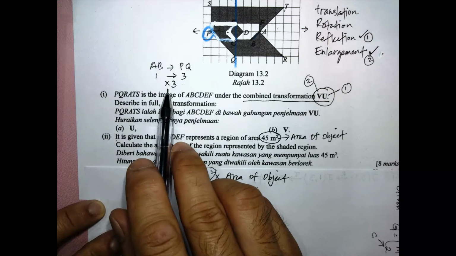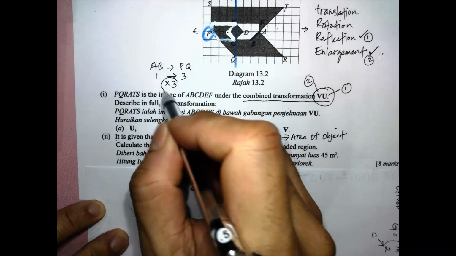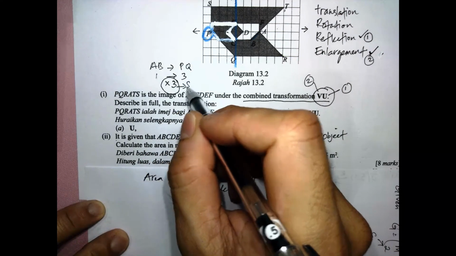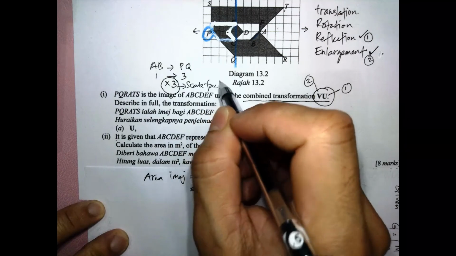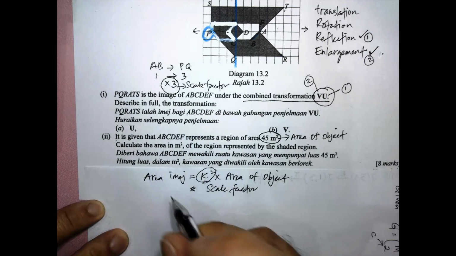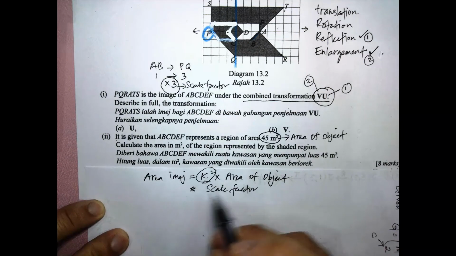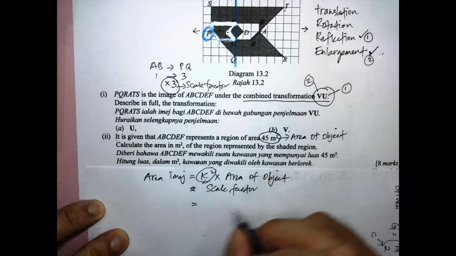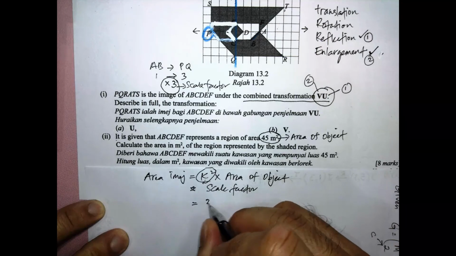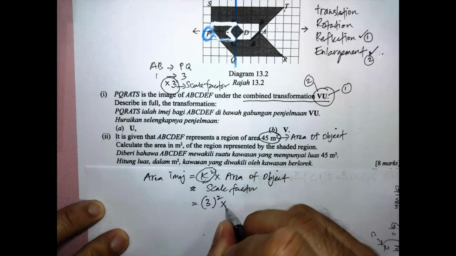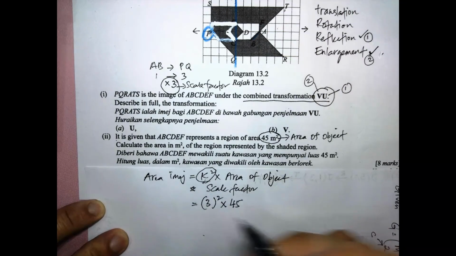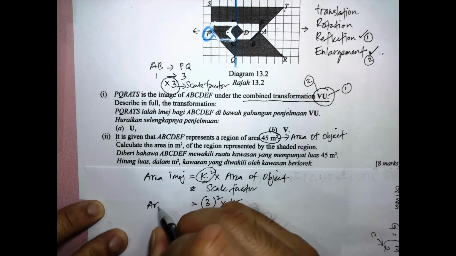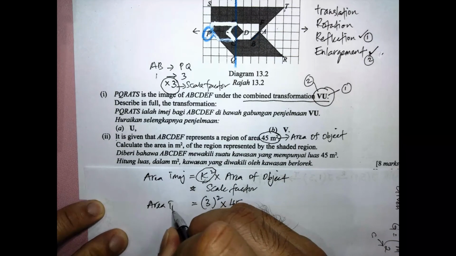So again by using the same formula, you just substitute. Object we have already 45, scale factor is 3 to the power of 2, multiplied by 45, equal to the area of image.